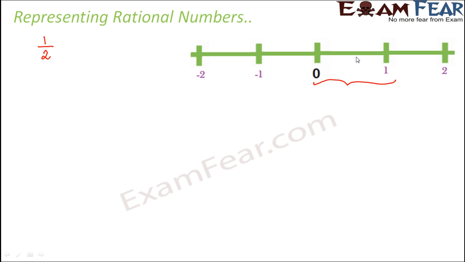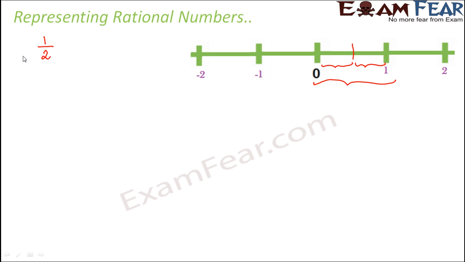So, how do we represent the exact position of 1 by 2? Once we have an approximate idea that it lies between 0 and 1, we divide this region into 2 equal parts. Why 2 equal parts? Because 1 by 2 is 1 part of 2 parts. So this is one part, this is another part.